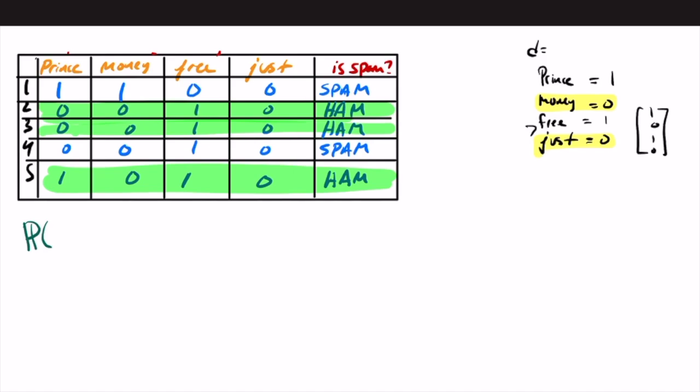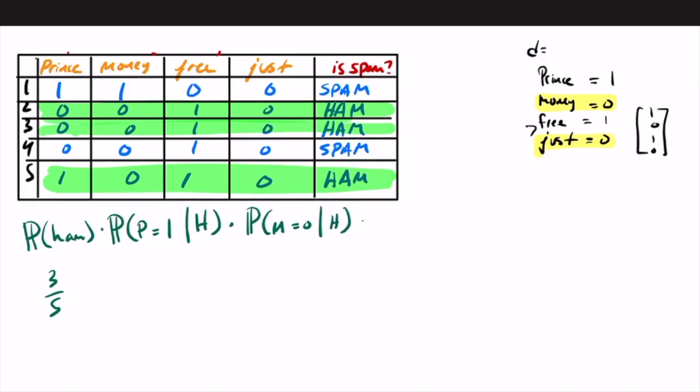This will just be the probability of ham now instead of spam, and that was 2/5, so this is going to be 3/5 times the probability of prince occurring given ham times the probability of money equals 0 given ham times the probability of free equals 1 given ham times the probability of just equals 0 given ham.